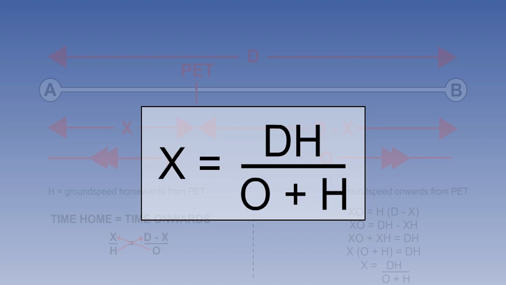We put it in to demonstrate that the equation is based on good logical algebra and is correct. But whether you remember that part or not, you must be able to recall the result, which is that x equals dh over O plus h. This is the starting point for all point of equal time questions.